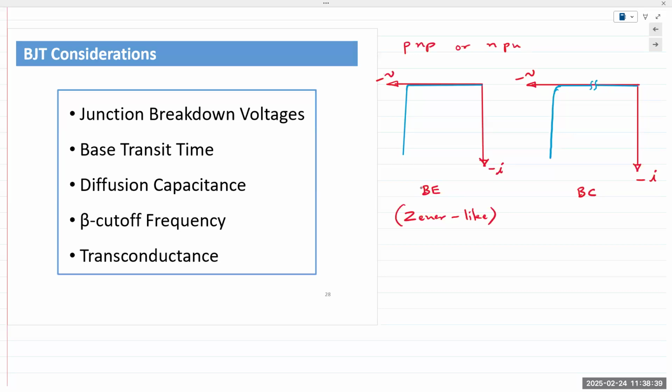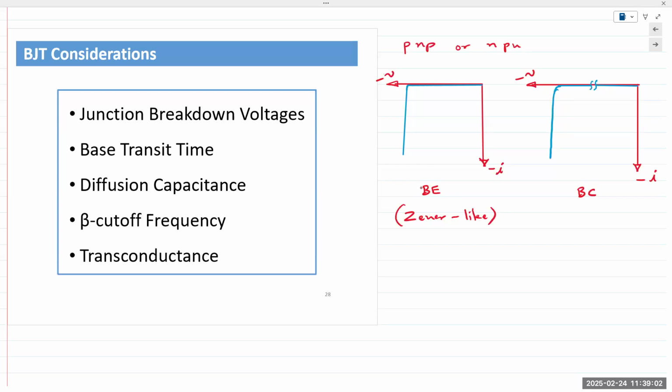So what we will do is we'll take the base. We know it's an NPN transistor. So we will reverse bias the base with either the collector or the emitter junction. Then we look at the characteristic. If the junction breaks down within 10 volts, then that terminal is the emitter. If it doesn't break down for 10 volts, then that junction is the collector.